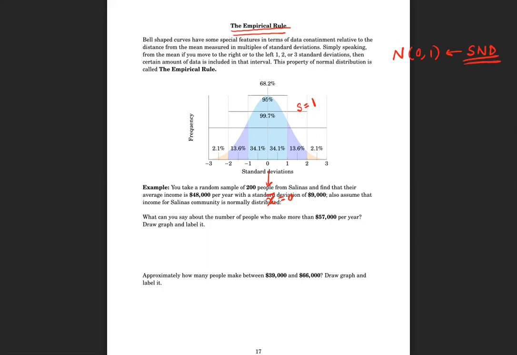You could have a normal distribution with a mean of 5 and standard deviation of 6, or a mean of -10 and standard deviation of 2. All of these arbitrary normal distributions you can convert into the standard normal distribution, which has a mean of 0 and standard deviation of 1.